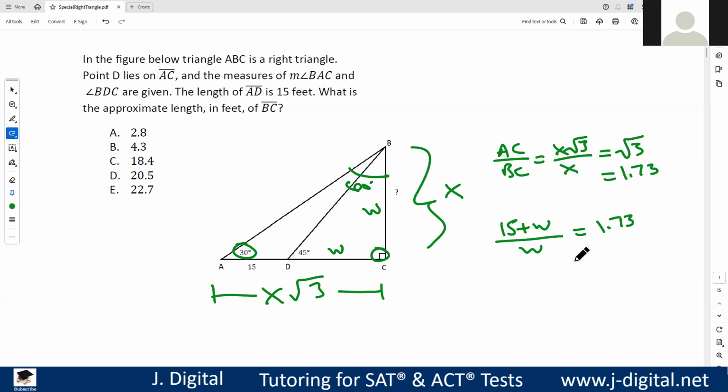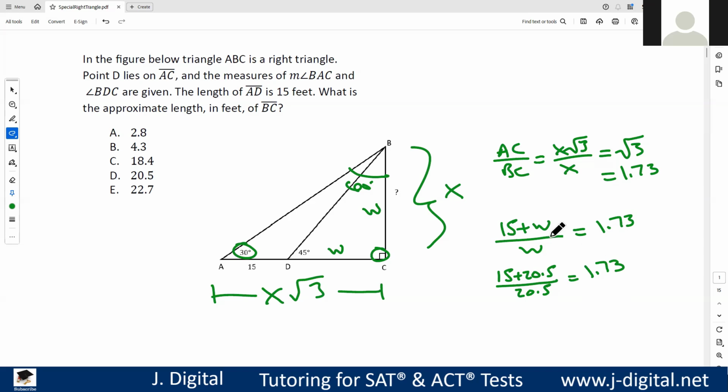So you could just plug in the answer choices for W and then see which one gives you 1.73. And once you get to 20.5, you do 15 plus 20.5 over 20.5, and that comes out to about 1.73. Okay, so that's using answer choices.